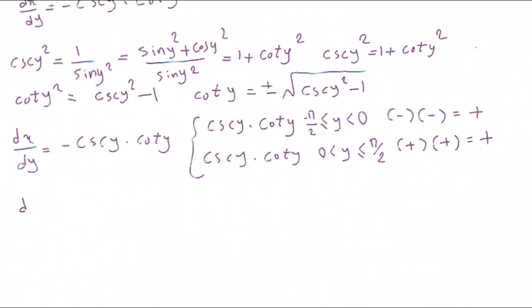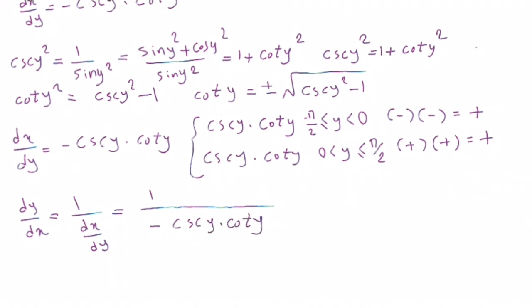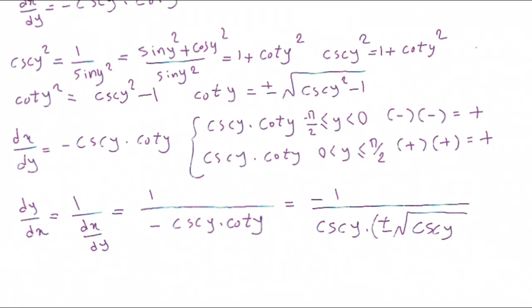So the derivative of y with respect to x equals 1 over the derivative of x with respect to y, which equals 1 over negative cosecant y times cotangent y, which equals negative 1 over cosecant y times positive or negative square root of cosecant y squared minus 1.